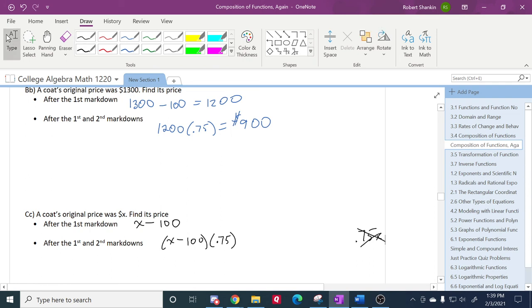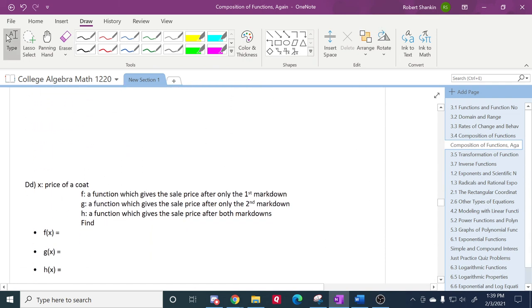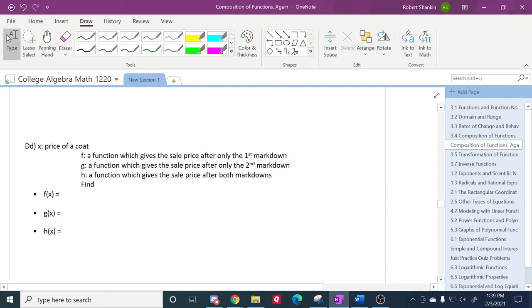All right. Now, x is the price of a coat. F is a function which gives the sale price after only the first markdown. G is a function which gives the sale price after only the second markdown. H is a function which gives the price after both markdowns. Find all of these, F, G, and H of x. And if you're only able to get part of it, or F, make a guess at least on some of this.